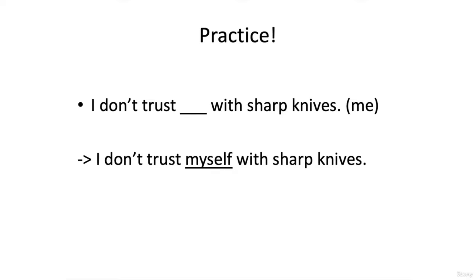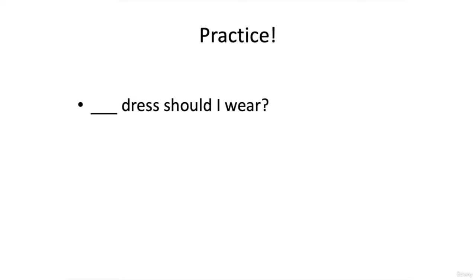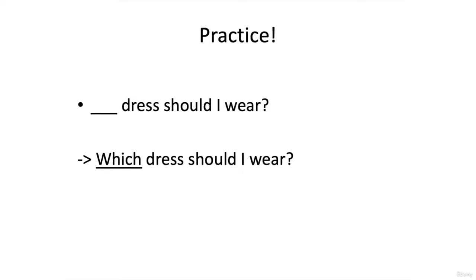Myself is a reflexive pronoun. There are two possible answers for this question. Which dress should I wear? What dress should I wear? Which and what are both interrogative pronouns which can be used for things.